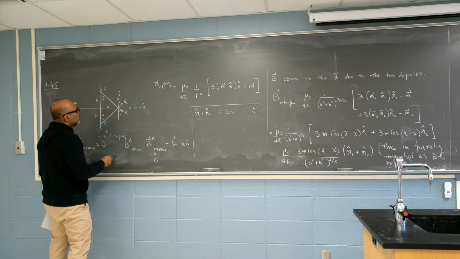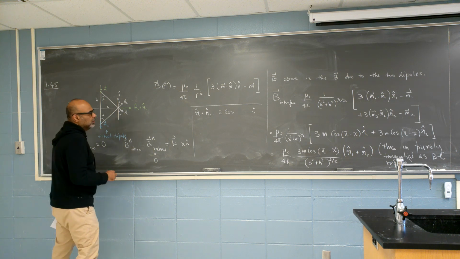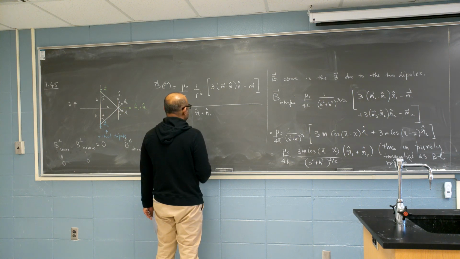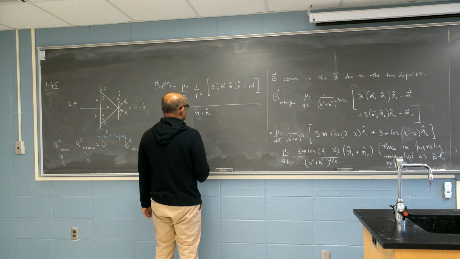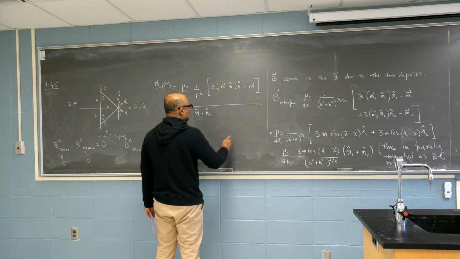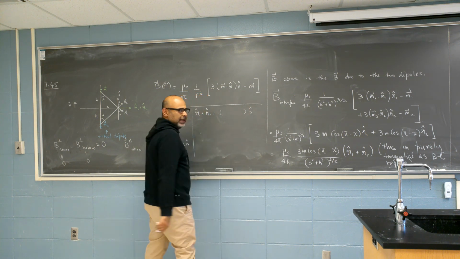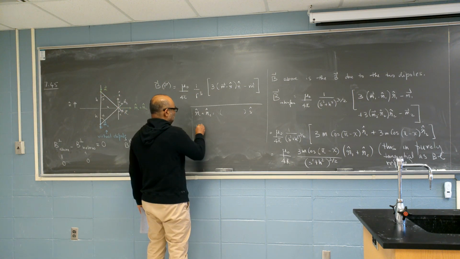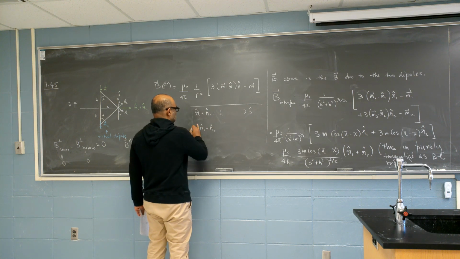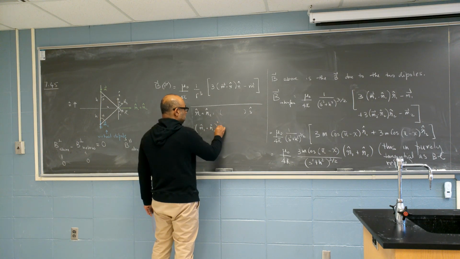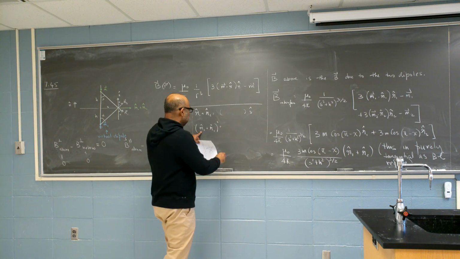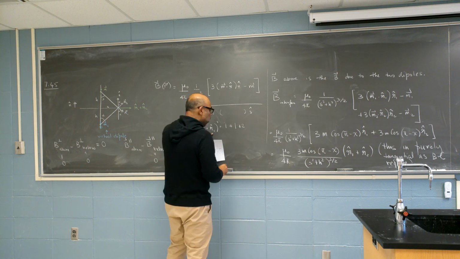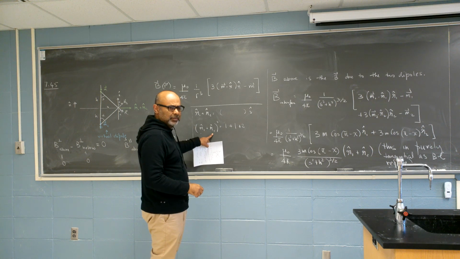Let me make sure. What am I trying to do? I know it is something S hat. Let's find the square of this. So, R1 plus R2 squared, which means dotted by itself. It's R1 squared, 1, plus R2 squared, 1, plus 2 times R1, R2, 1, times cosine of the angle between them.